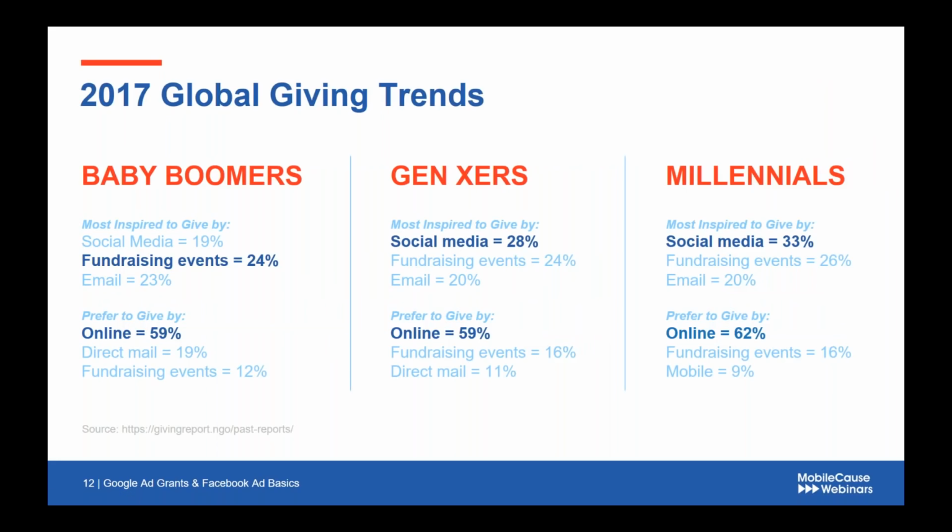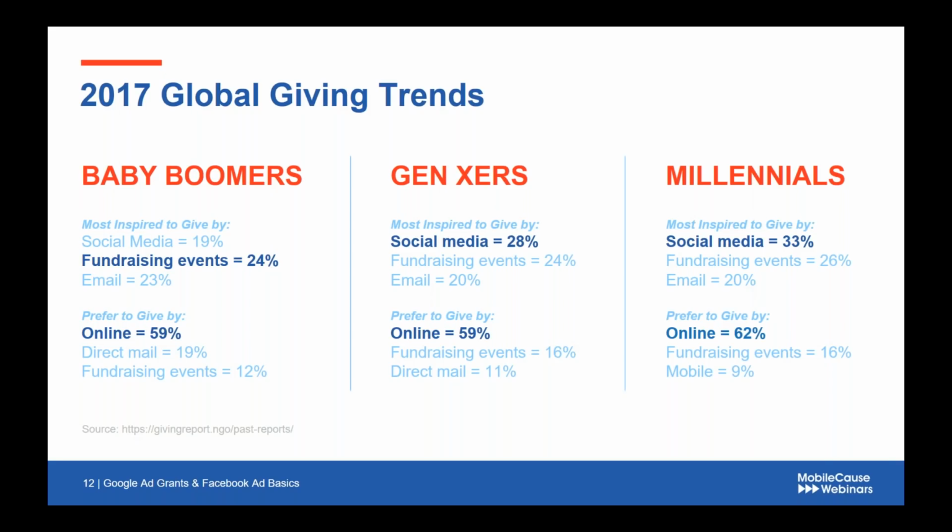So let's talk about how that breaks down for actual donors. The Global Giving Trends report is one I personally always like to look at. It looks at 3 key donor segments, baby boomers, Gen Xers, and millennials, and it was a poll of donors on what inspires them to give. Fundraising events are important for all 3 segments.